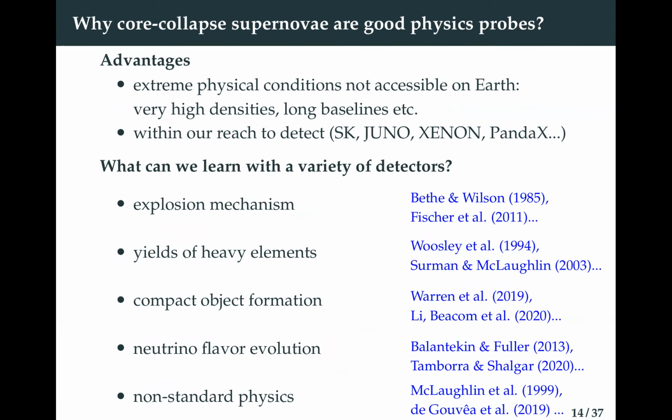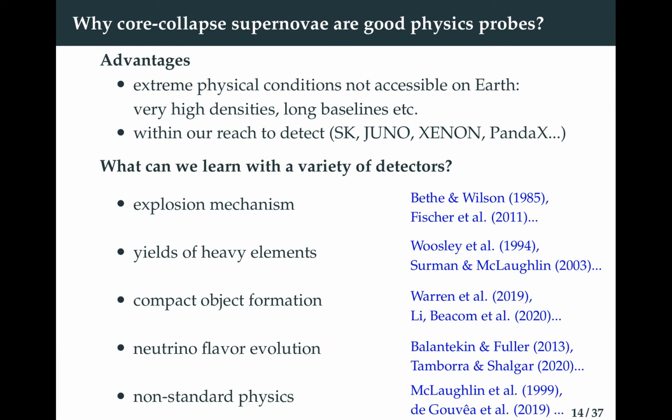And while we already detected neutrinos from supernova 1987A, we have only seen a handful of events, and in electron antineutrinos. So we don't really have as much information as we would like to. But with these upcoming detectors and existing ones, we will get a much better picture, because it won't be only electron antineutrinos, but all the other flavors, and with much better statistics.